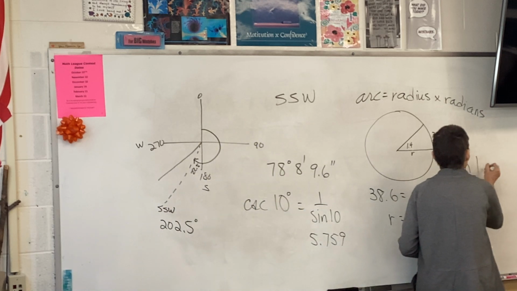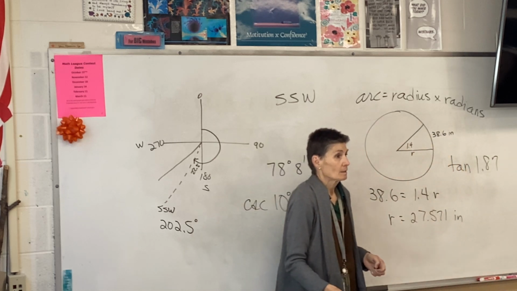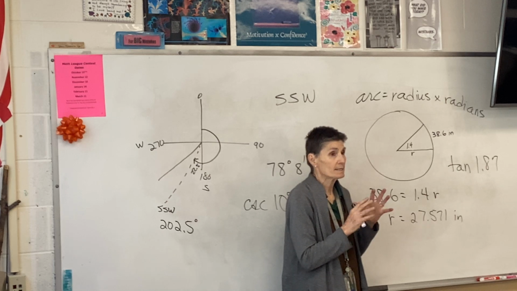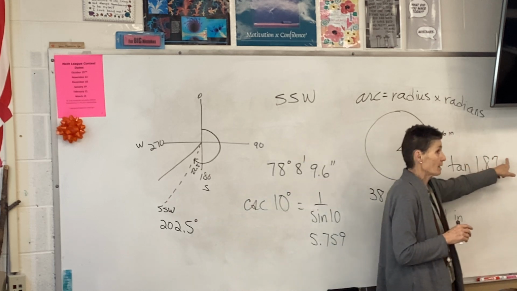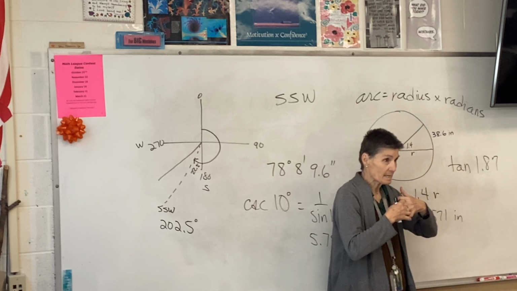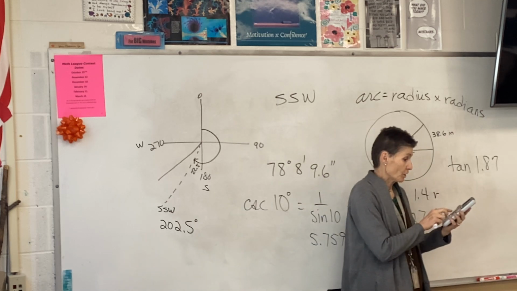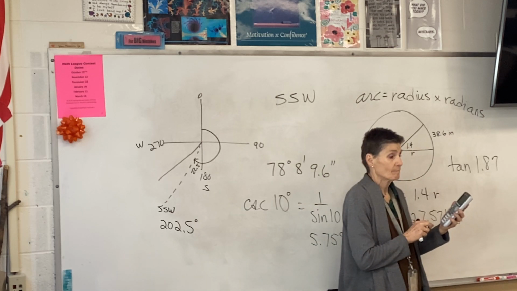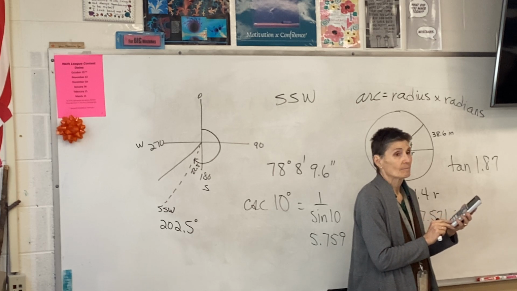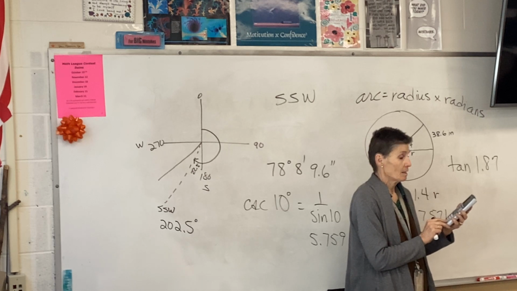What about tan 1.87? 0.033. Now, I want you to be really, really careful, guys. There's no degree mark on that, which means that is a radian measure. So before you type it in, you're going to go back to mode, and you're going to change it into radians. Are you listening to me? Yeah. All right.